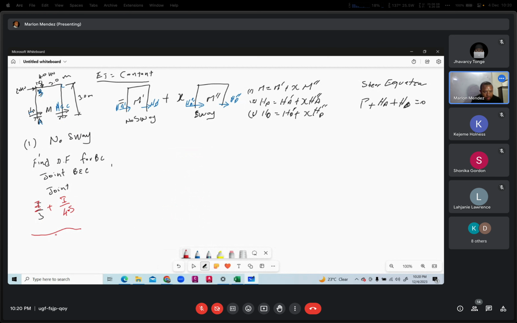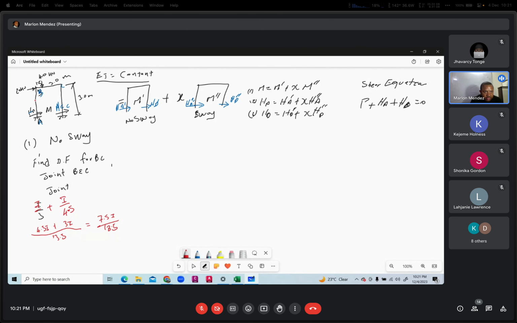All right, so we can safely say 13.5. So this becomes 1.5 EI plus this becomes 3. So this is equal to 7.5 I over 13.5.